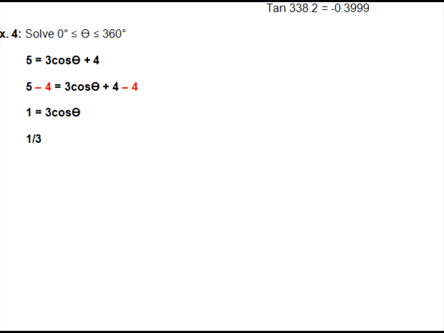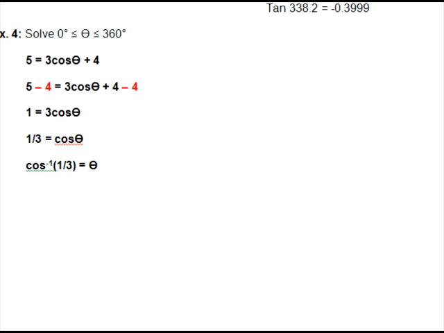Good, you divide by 3, so it changes to 1 over 3 equals cos theta. Matt, if I want to get theta by itself, what do you need to get rid of? Good, the cos, so I'm going to say cos inverse of 1 over 3 equals theta.